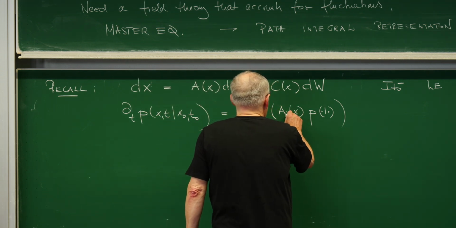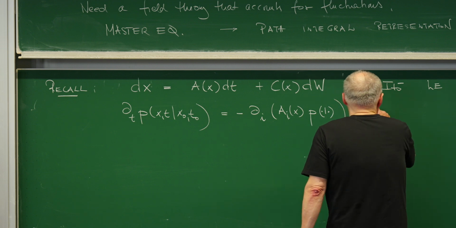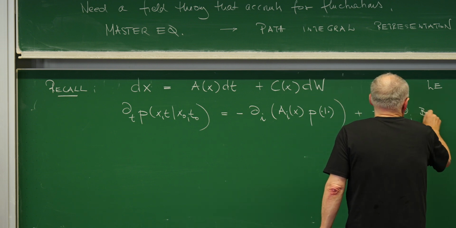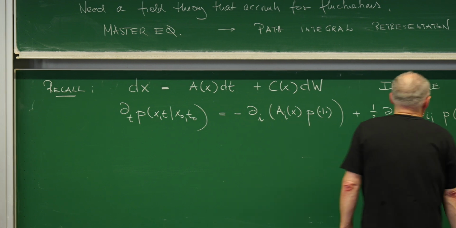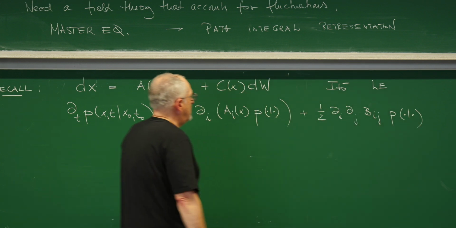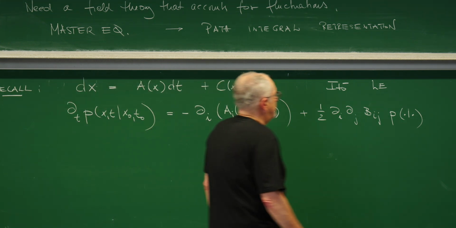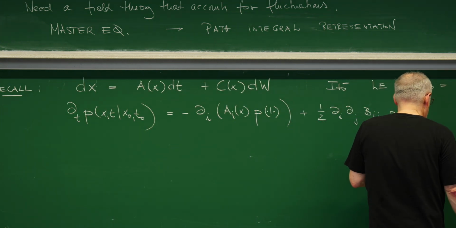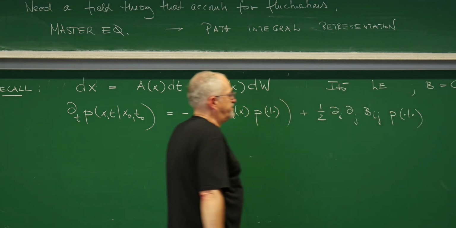And now I have to write the indices plus a half d_i d_j B_i B_j P of the arguments. And we know that there's a relation that this B equals C transpose.